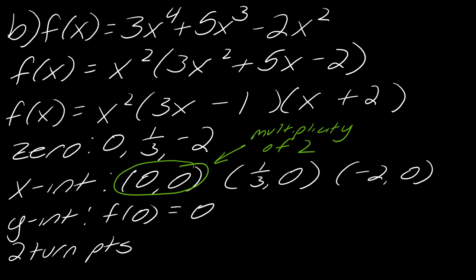Okay, so it will end up making another turn effectively. And then my end behavior, well, this is dominated by 3x to the 4th, so that's going to behave like this, right? Okay, so let's summarize all that information and make some space.